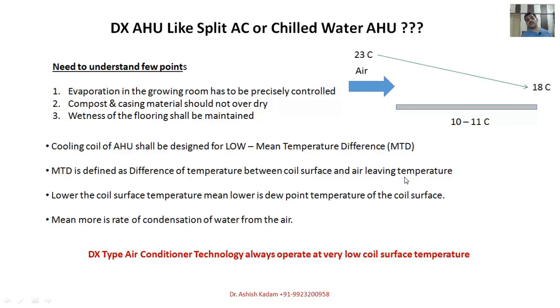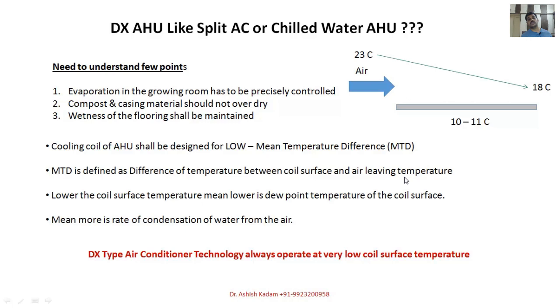But if you are going for an air cooled unit, then the power consumption will be 1.2 to 1.25 or 1.3. So you will end up paying 0.3 to 0.4 kilowatt more if you are going for DX type AHUs. And if you are going for, suppose, a 200 TR system in your plant, then you can calculate.